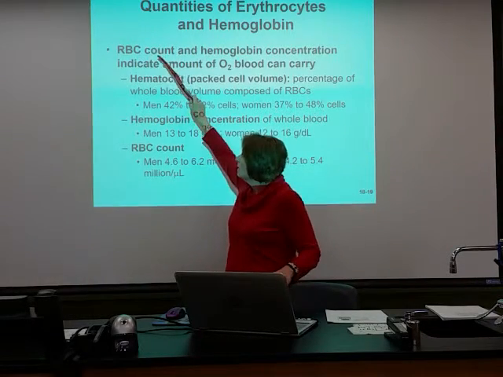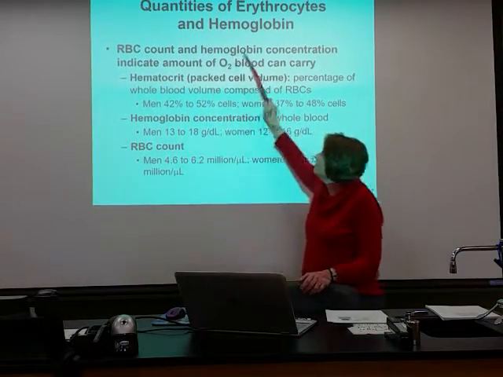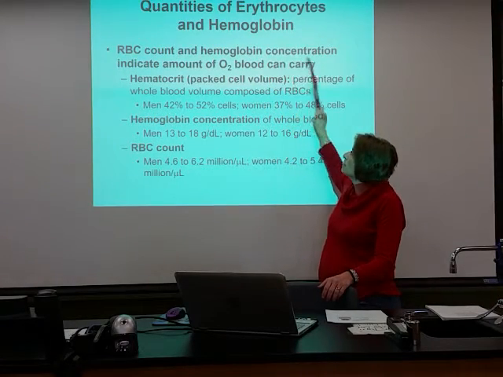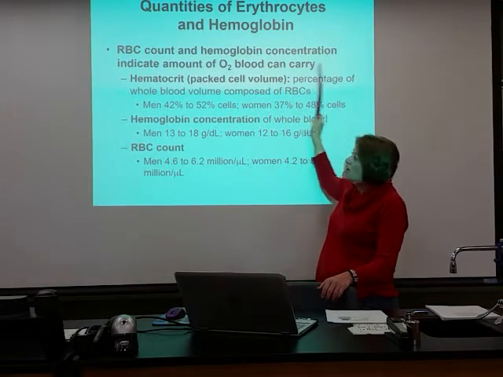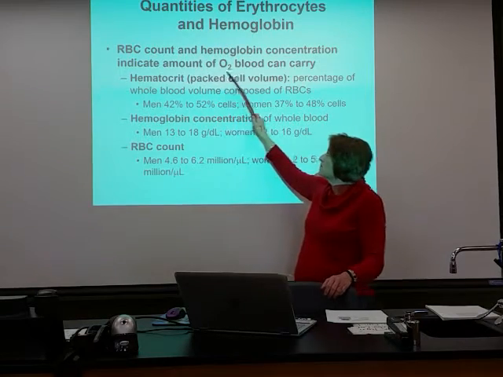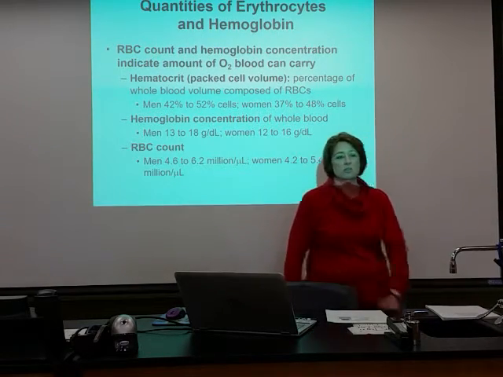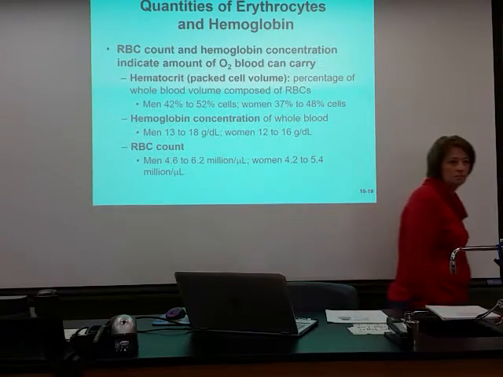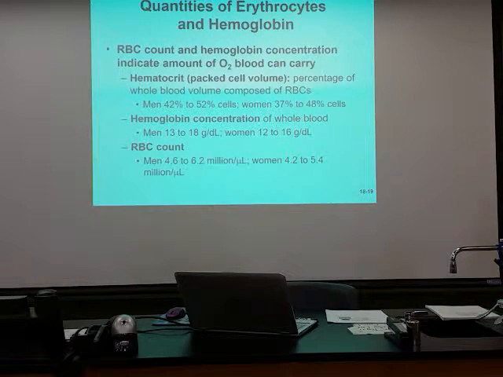Now, the red blood cell count and the hemoglobin concentration are going to tell the amount of oxygen the blood can carry. The higher the amount of each, the higher the amount of oxygen that can be carried.